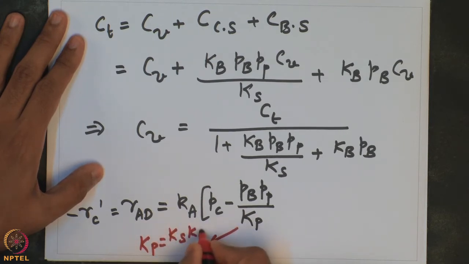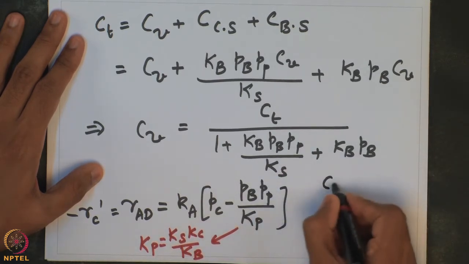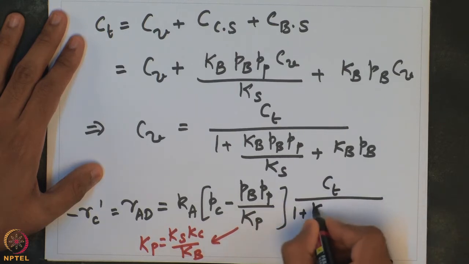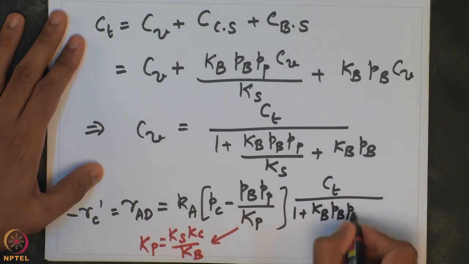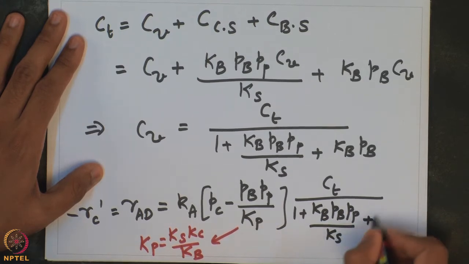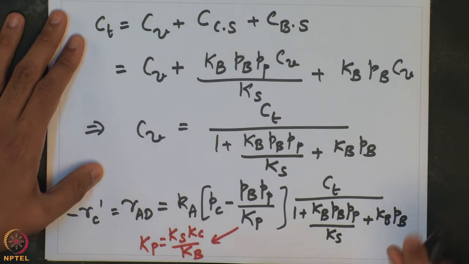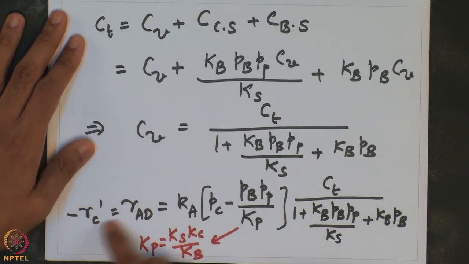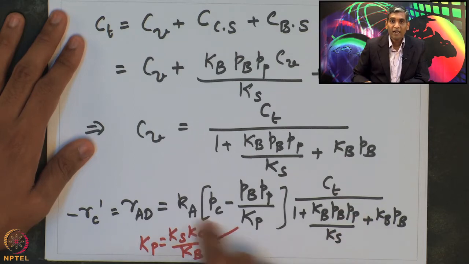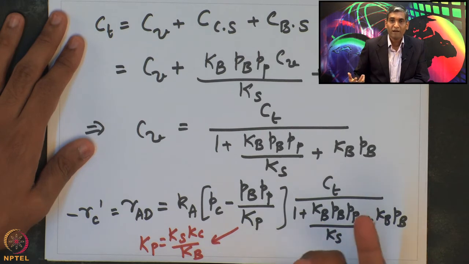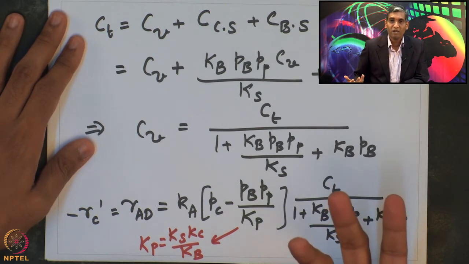So that will be Ks Kc divided by Kb, and that is multiplied by Ct divided by 1 plus ... divided by Ks Kb into Pb. So this essentially gives the overall rate at which the reaction is actually happening. Because it is adsorption control, all we have done is assume that the other steps are at equilibrium, and we have eliminated those terms which may be present there, and then we found out the overall rate. So let us stare at this expression a bit.